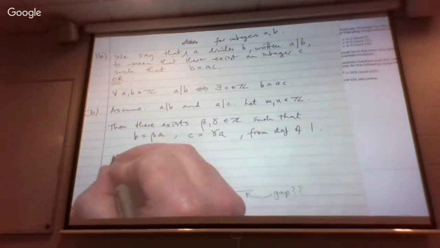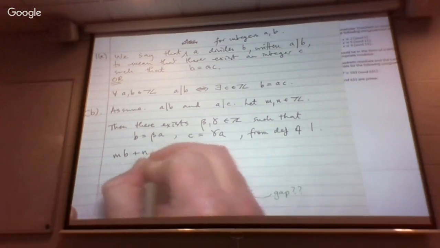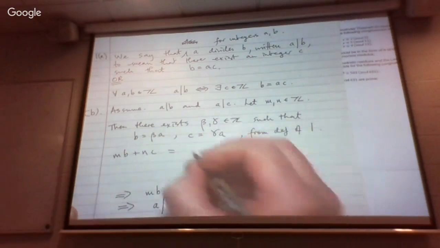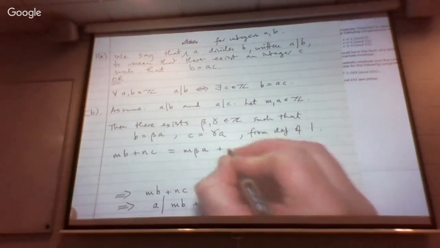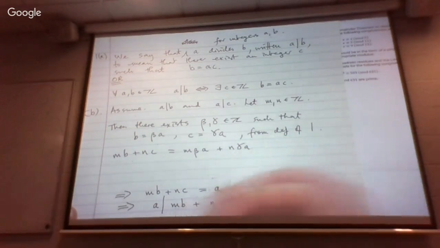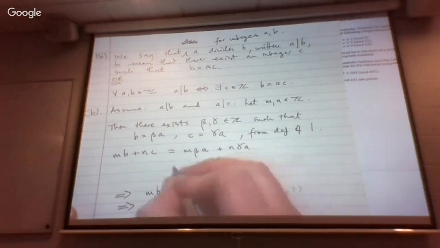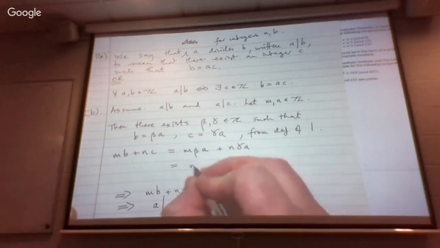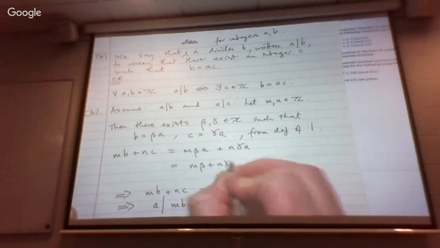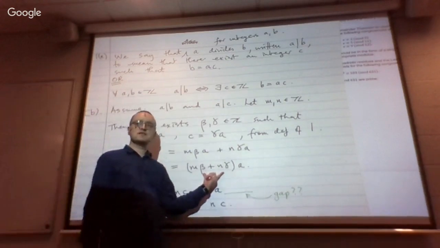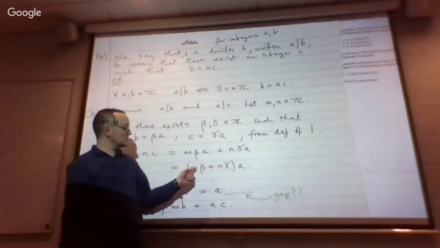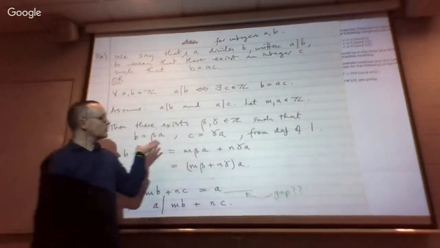So then we're interested in MB plus NC, and it's just a matter of straight substitution. So M beta A plus N gamma A, and then it's just a matter of factorization. So this is M beta plus N gamma, times A. So we've reached the existence of this integer, and it certainly is an integer because M, beta, N, and gamma are all integers.